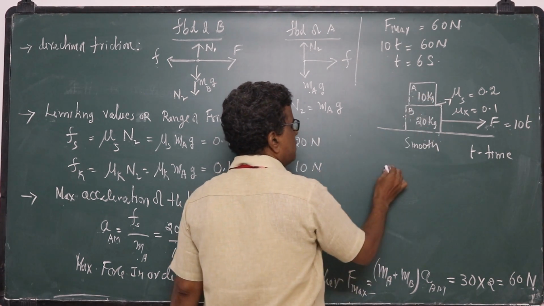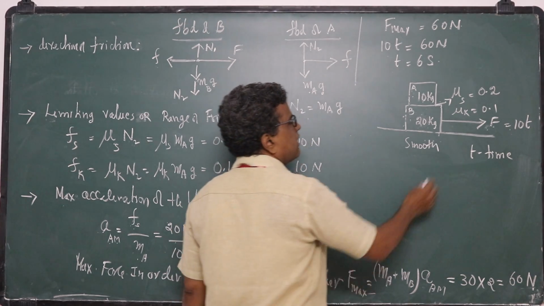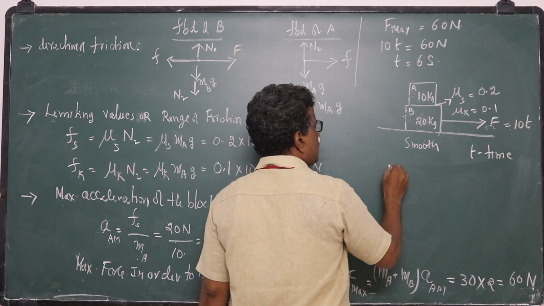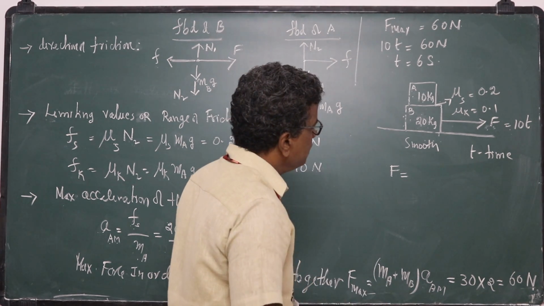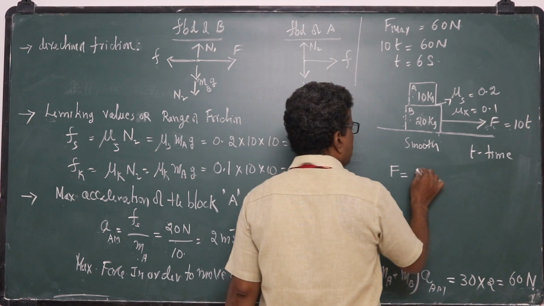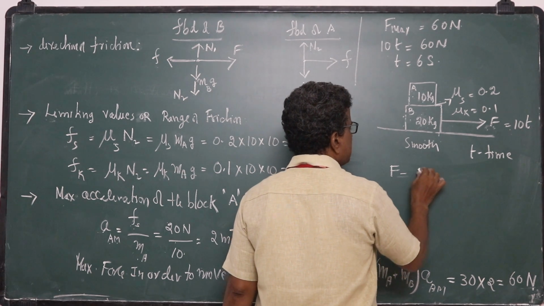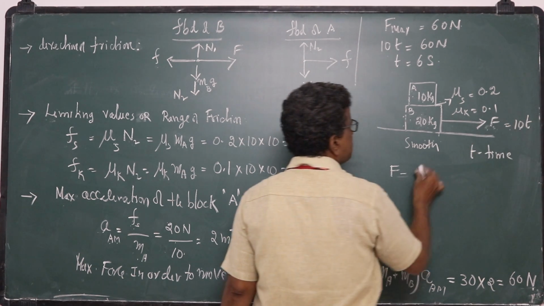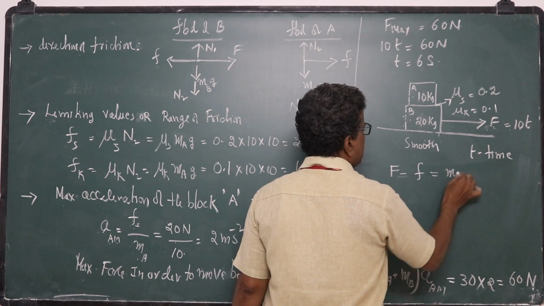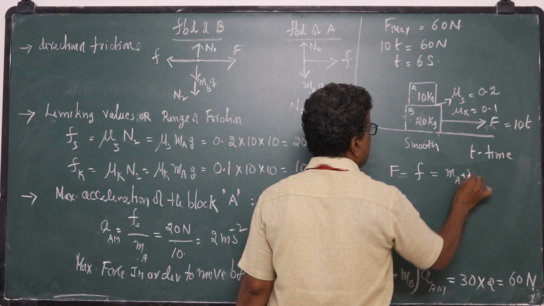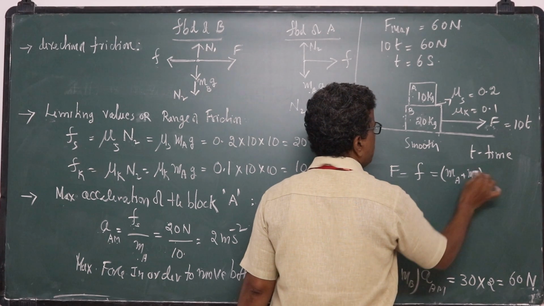Common acceleration: use Newton's second law. The applied force 10t minus frictional force is the resultant force, ma. So mass of A plus mass of B into a.